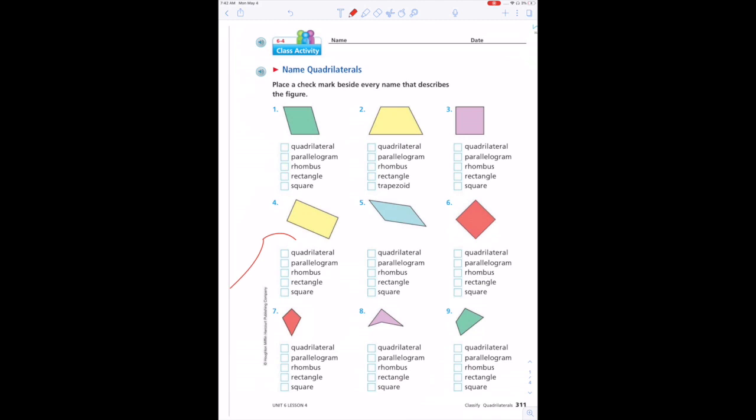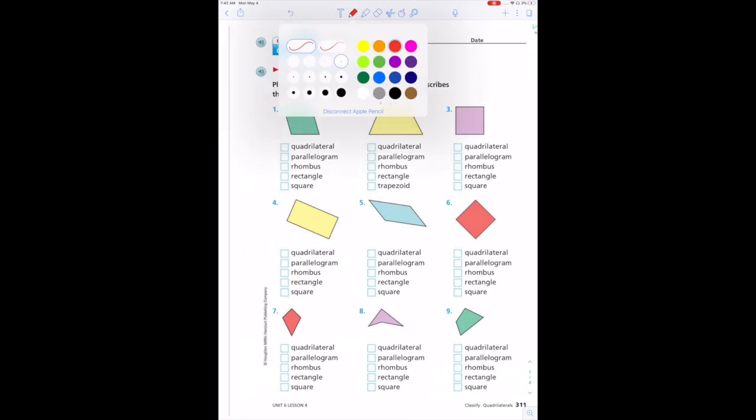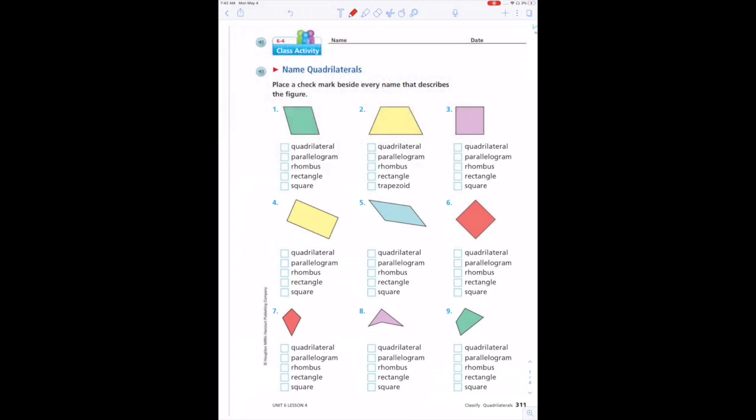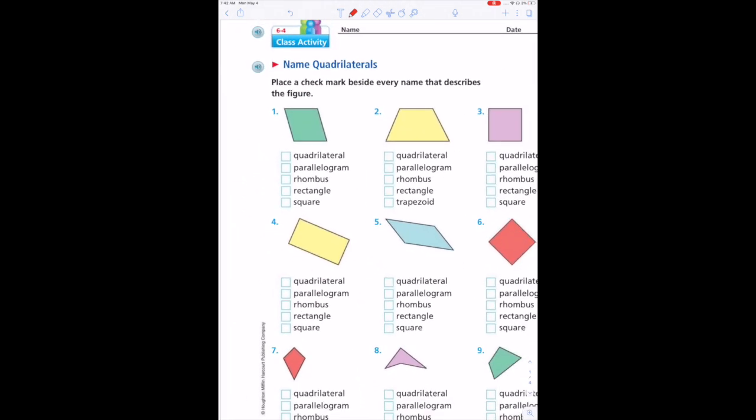Okay, so let's take a look at what I drew on the board. Let's take a look at our first one, number 1 here. Our directions say, place a check mark beside every name that describes the figure.